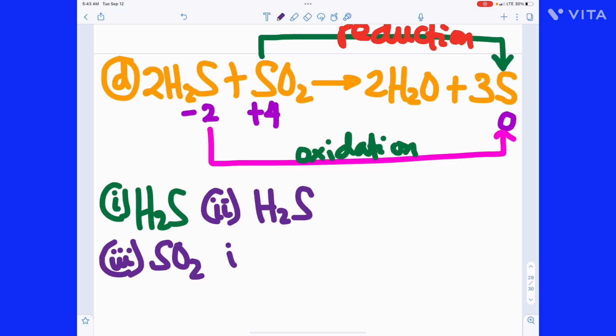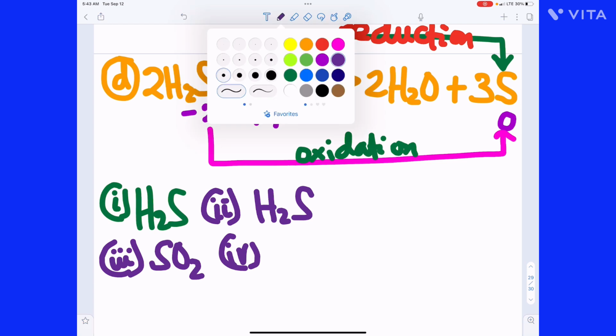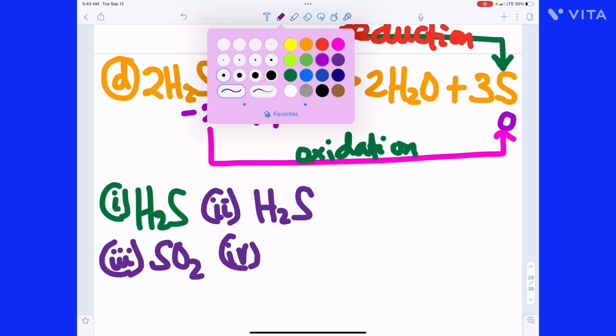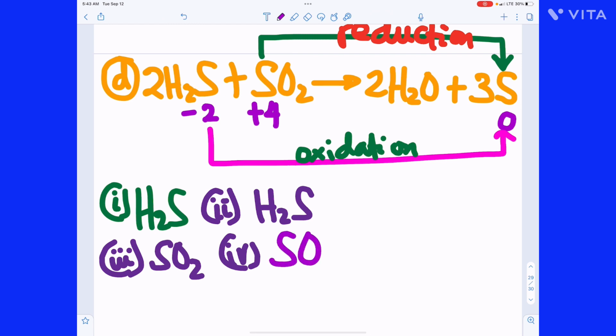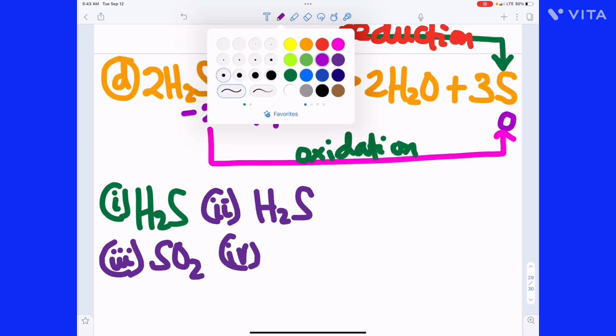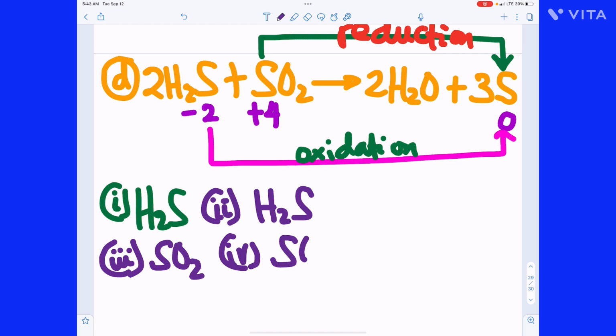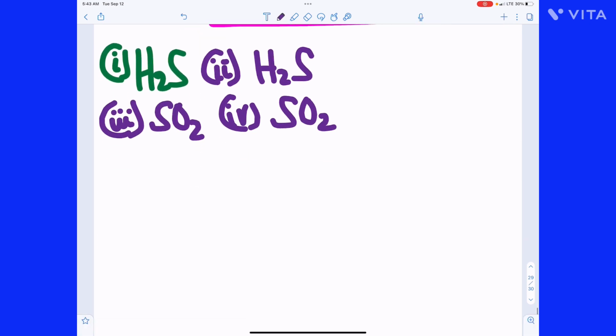Sulfur 4 oxide got reduced. And what substance is the oxidizing agent? The substance that got reduced is also the oxidizing agent. So SO2. So the oxidizing agent gets reduced. Take note of this. It's not technical at all.